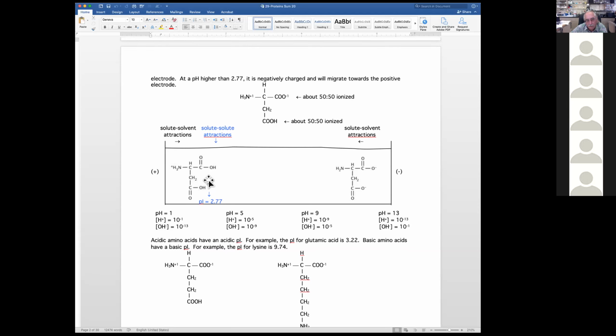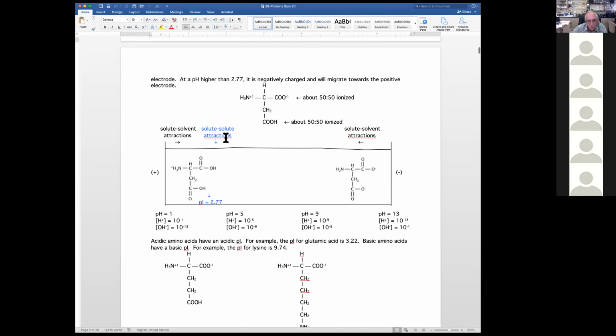It's going to reach this point of saturation and start to precipitate here, which means that the solute-to-solute attractions are more important than the solute-to-solvent attractions. Does that make sense to you? So it precipitates right here. So if I had a mixture of amino acids, one of them might be over here, the other one might be over here, but this particular one's going to be right here.